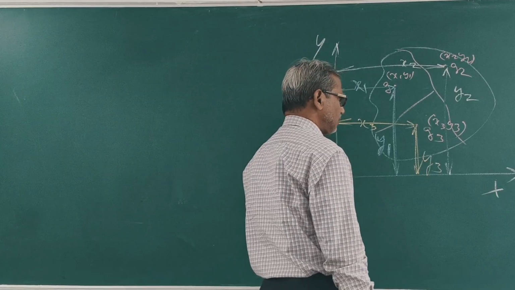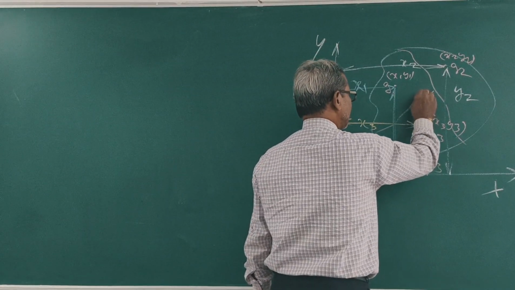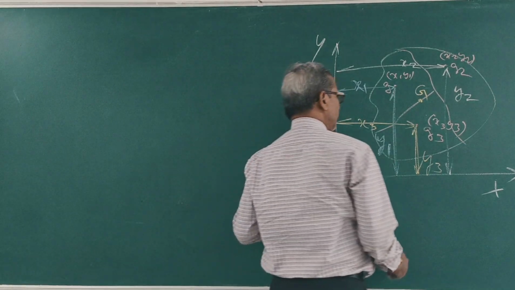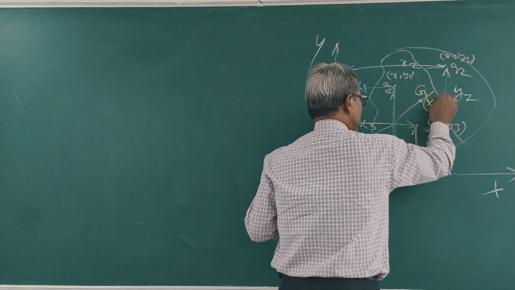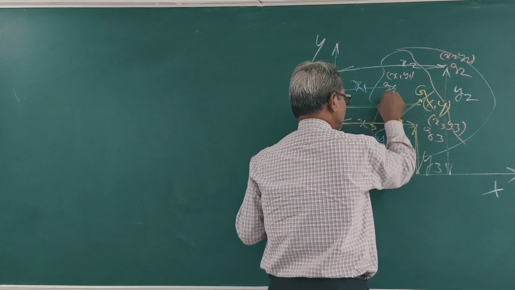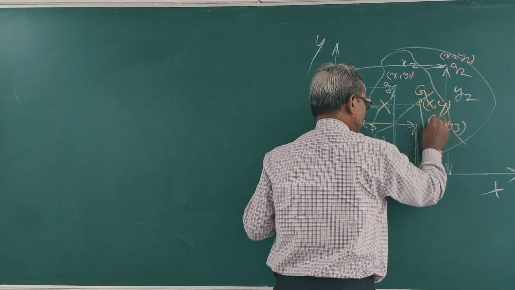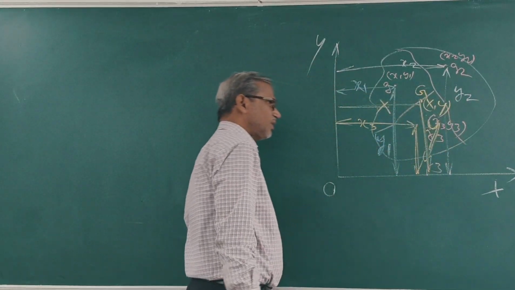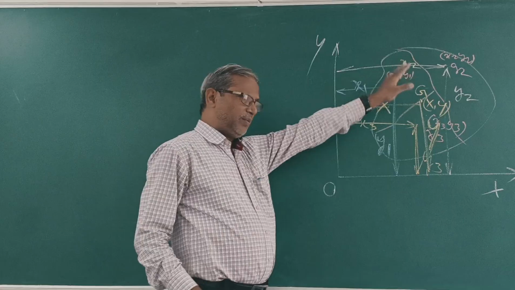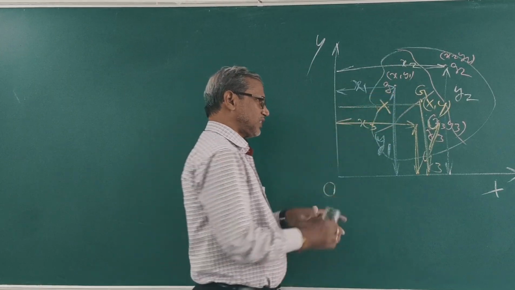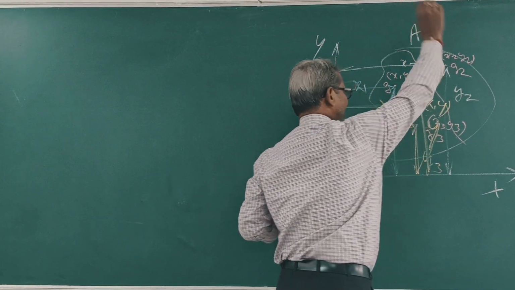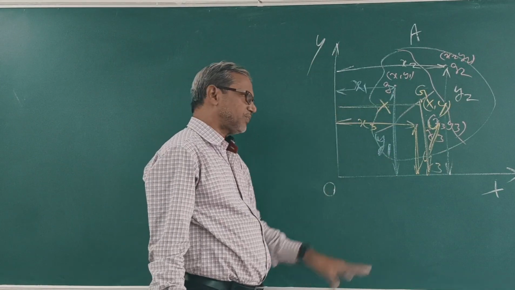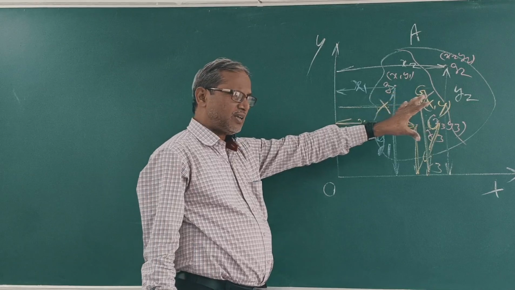Suppose this is G, the center of the whole figure. What is its coordinate? x, y. Clear? This is a plane figure, a plane lamina, with total area A. Split this lamina into a number of parts.